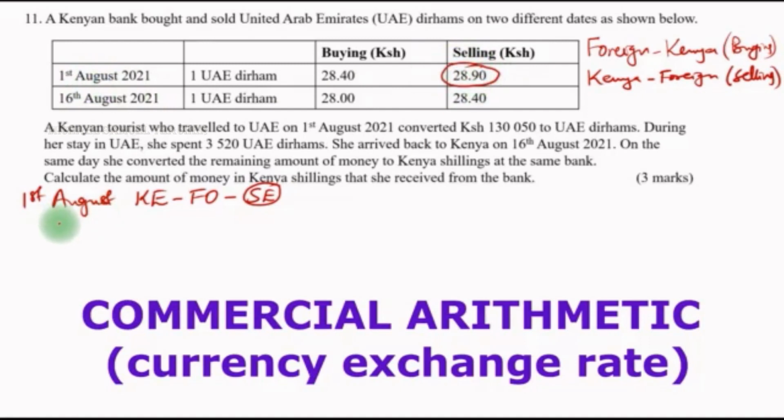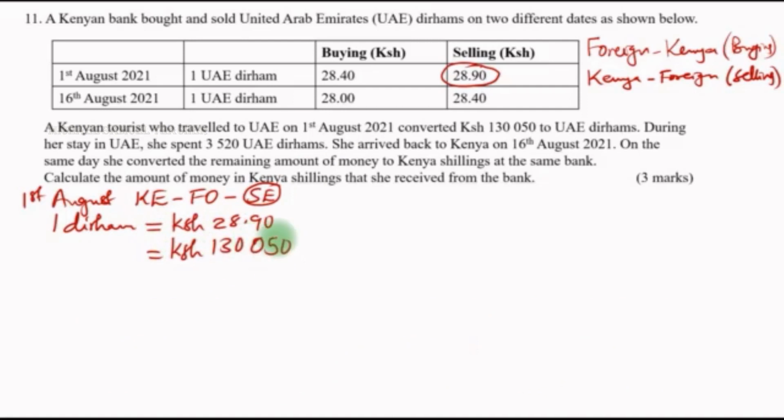So 1 dirham is equivalent to how many Kenyan shillings? That is 28 shillings 90 cents. Therefore, the tourist converted 130,050 shillings to dirhams. How many dirhams is it?